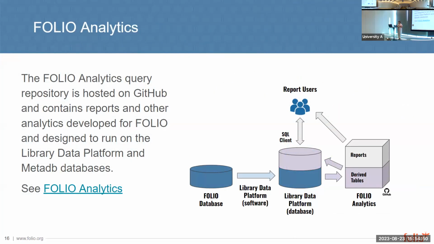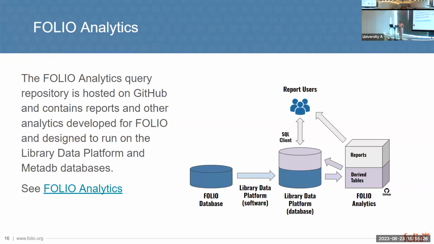So FOLIO Analytics is a public query repository that's been built as part of this library data platform and Metadb project, with much support from the reporting SIG, along with Naseeb Nassar from Index Data. And we have derived table directories for both LDP and for Metadb under development by members of the reporting SIG who focus on development.